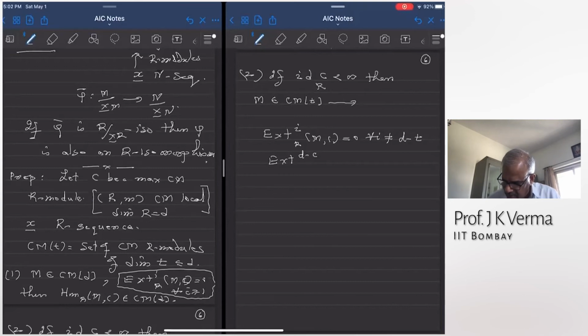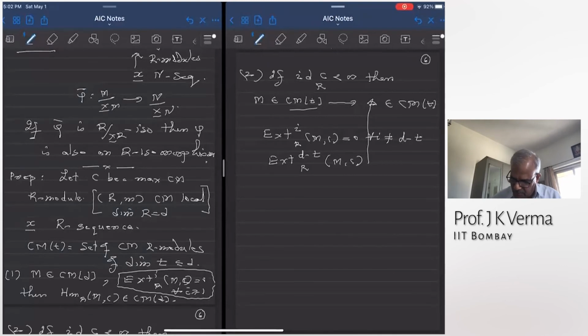In number 1, all the Ext's were 0 for i bigger than or equal to 1. But if I take a Cohen-Macaulay module of dimension t, then among these Ext^i, there is only one non-vanishing Ext, namely the Ext^(d-t) of (M, C), and this is what goes into CM_t. So a t-dimensional Cohen-Macaulay module is mapped to a t-dimensional Cohen-Macaulay module if, instead of taking Hom, I take Ext^(d-t) from M to C. That is the module.